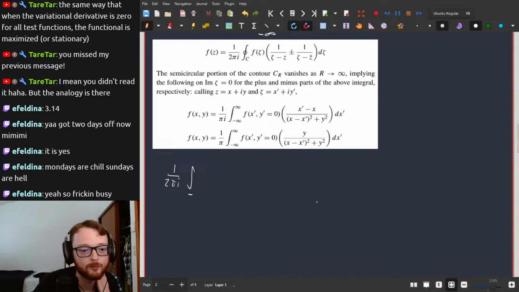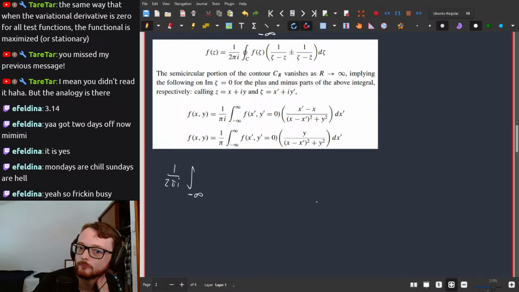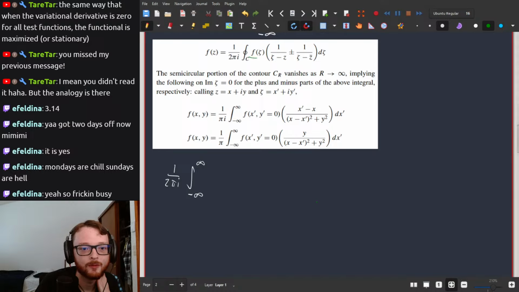Makes sense. But z is still any number. Okay. And so then this f of zeta becomes that disgusting thing. I'm going to say x prime comma 0.